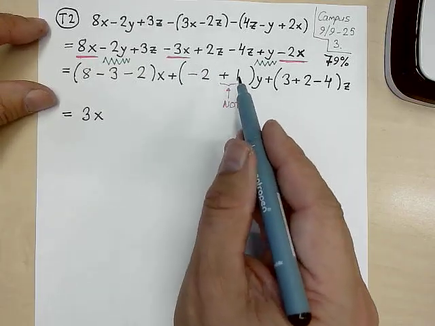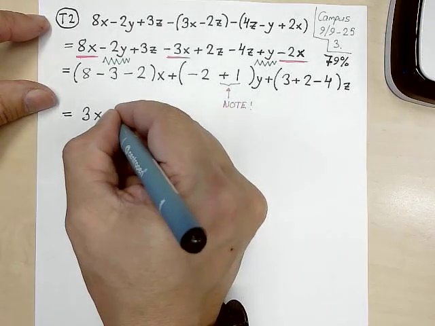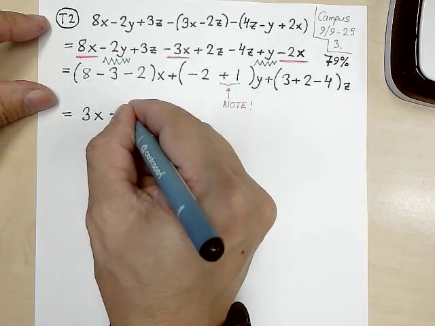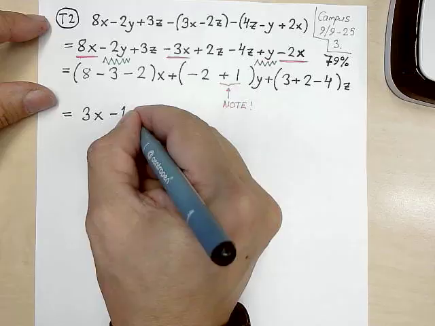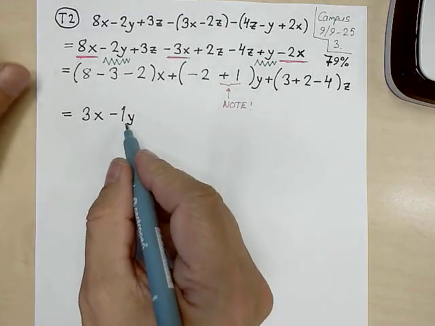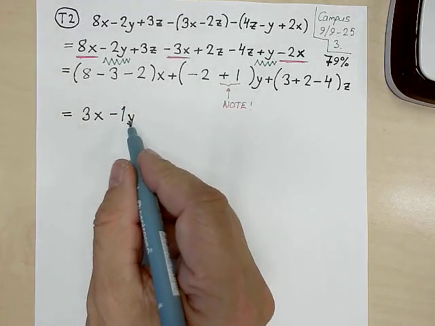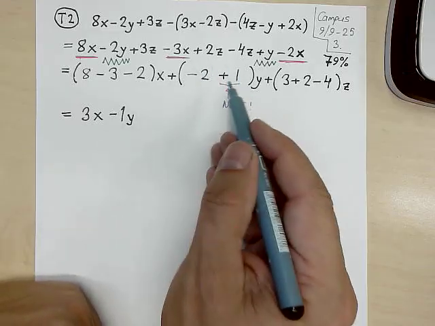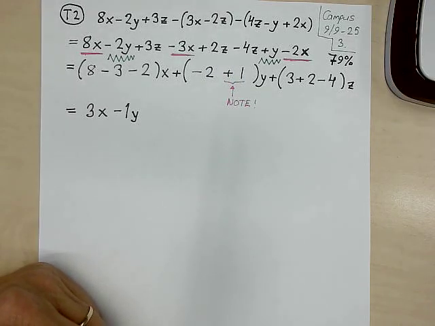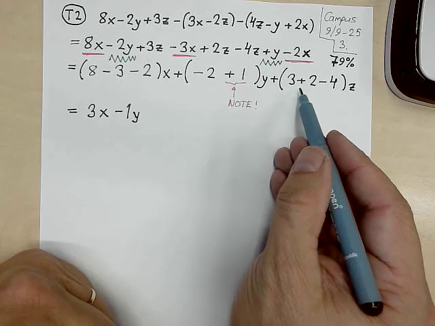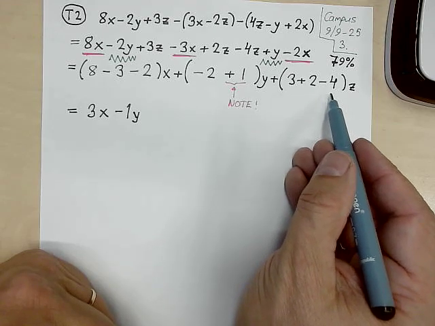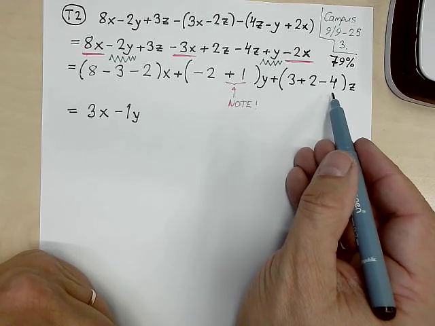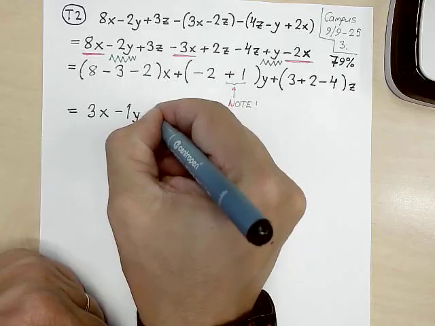It is -1, so I write it 1 here. Actually it is not necessary to write this 1 here, but this time it is maybe better to write it there. And then we have +5 - 4, so it is only 1 plus.